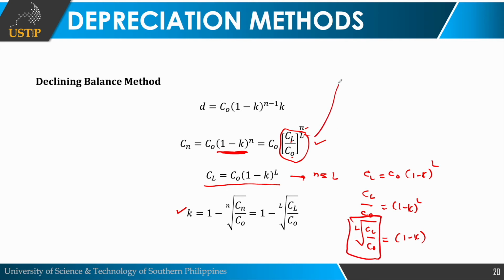Okay, so if we try to substitute, that is C sub O times Lth root of C sub L over C sub O, raised to N. Okay, nga na inani man. Because, rule na to class is that your radix here is the denominator. Diba? If you have the exponent here, divide mo sa radix. Okay, so that is C sub O times CL over CO.